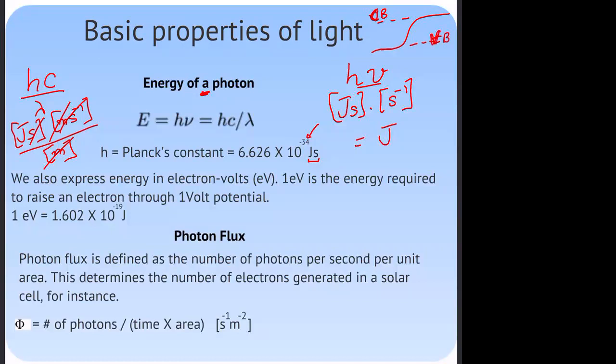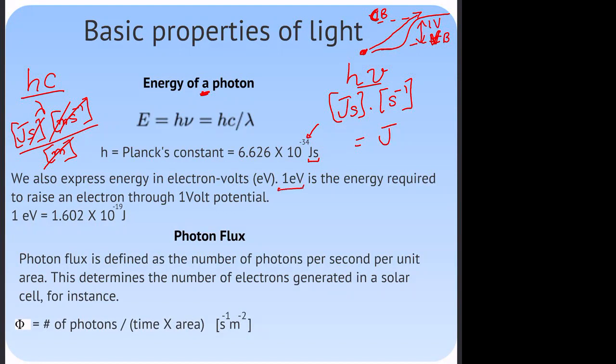If I have an electron here, and I push it up the hill, and this difference is 1 volt, the amount of work I have to do to push the electron up here is 1 electron volt.